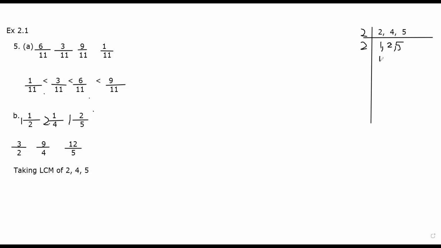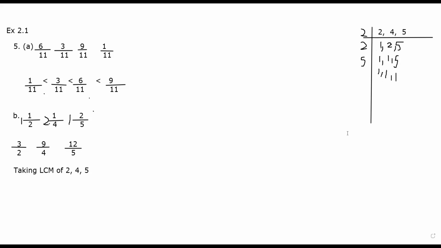This is 1, this is 1, and this is 5. And the last time we have to divide by 5. You can see that 1, 1, and 5 ones are 5. What is the LCM?